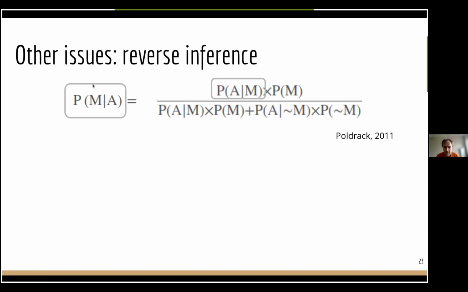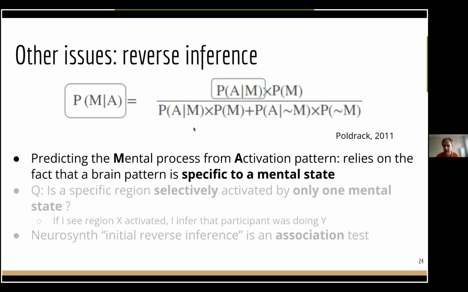And to compute that probability, which is not the same as this one, we need the other probability of the mental state themselves, and the probability of the activation, which can be expanded and computed this way, which is not that easy. You have to think of how you compute those things. So predicting the mental state process from an activation pattern relies on the fact that the brain pattern is specific to a mental state.